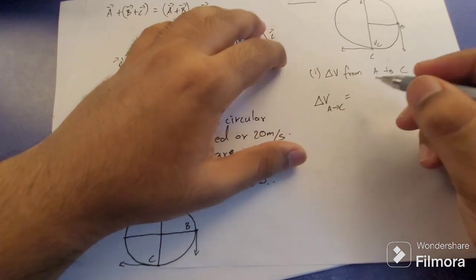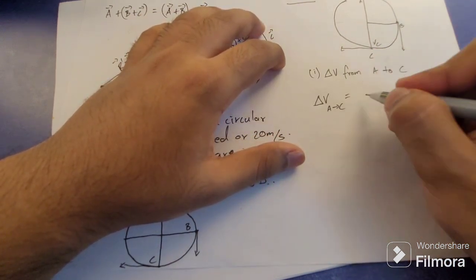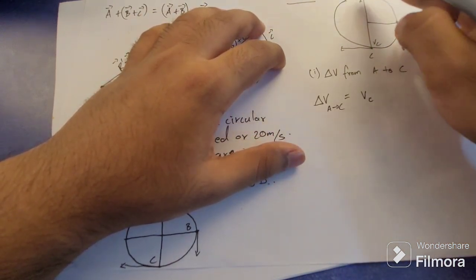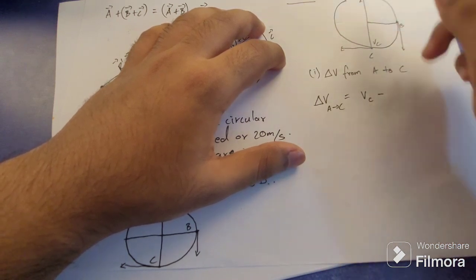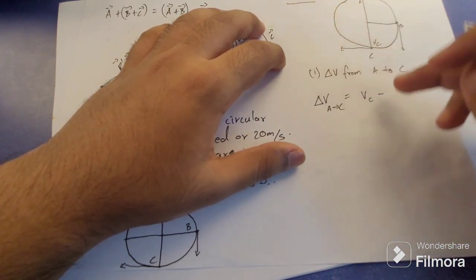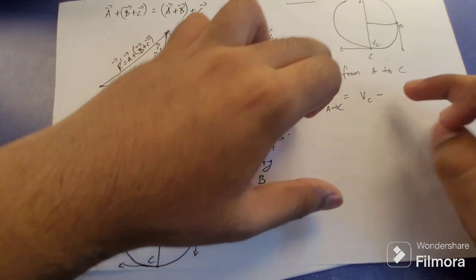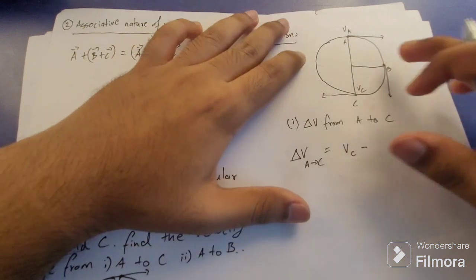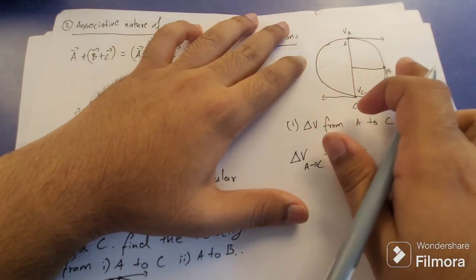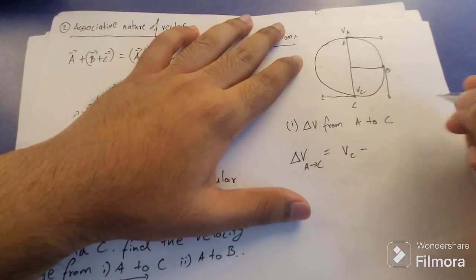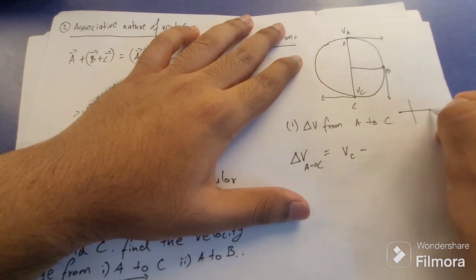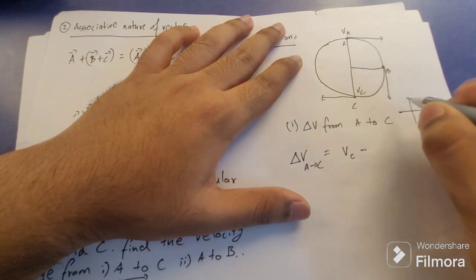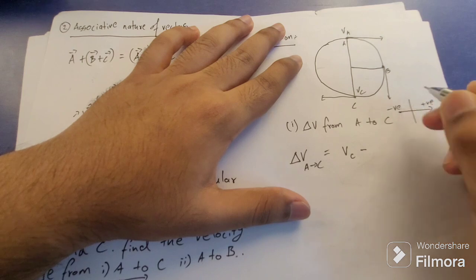So the final velocity was at point C, which is VC, minus the initial velocity, which is VA. But notice one point. If we take a direction to be positive, let us say the direction of VA, which is rightwards, is positive. So let us make our own scale over here. This is the positive direction and this is the negative direction.